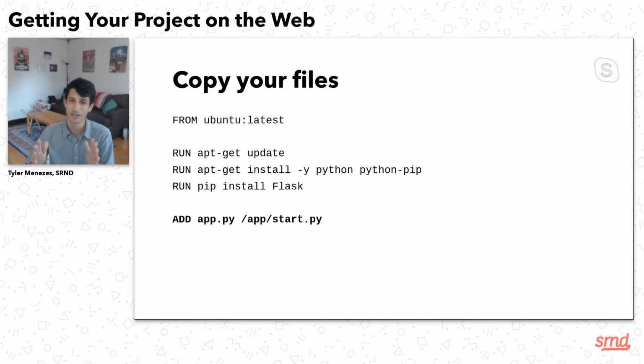Again, it's going to copy that into the sort of virtual file system, the virtual disk inside that container, at the location /app/start.py. So it's getting copied from our real disk into this sort of imaginary disk that exists inside this container image that we're making right now. I hope that that makes sense as well.